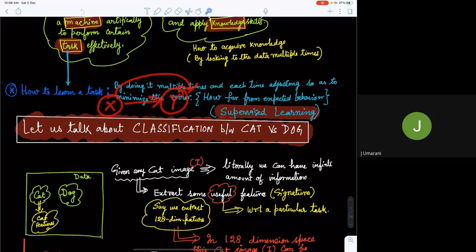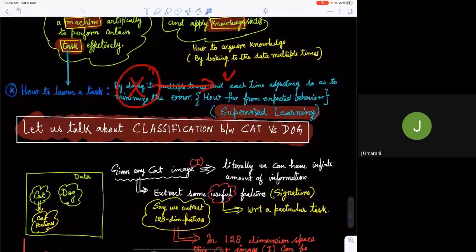So from X, we need to understand how we can get to this Y, and most of the time this X can be images or some different type of data. Given this data, there is some label associated with it, and we call it the Y label. So how can we train such a network, or come up with some method by which I can convert this X into this Y?